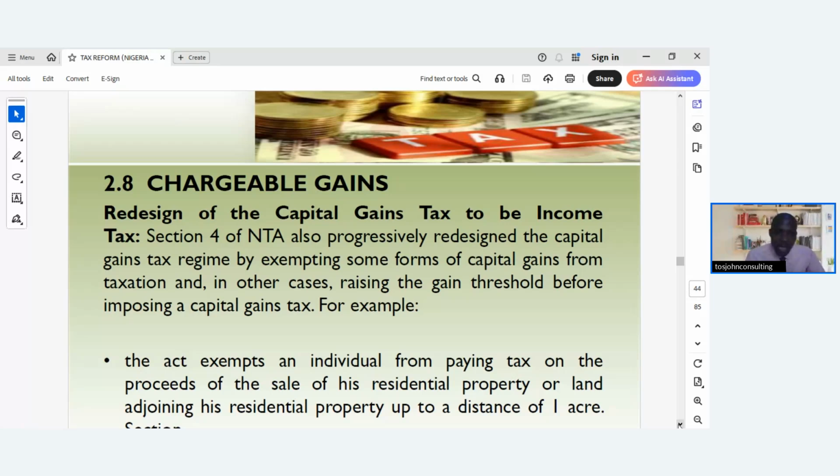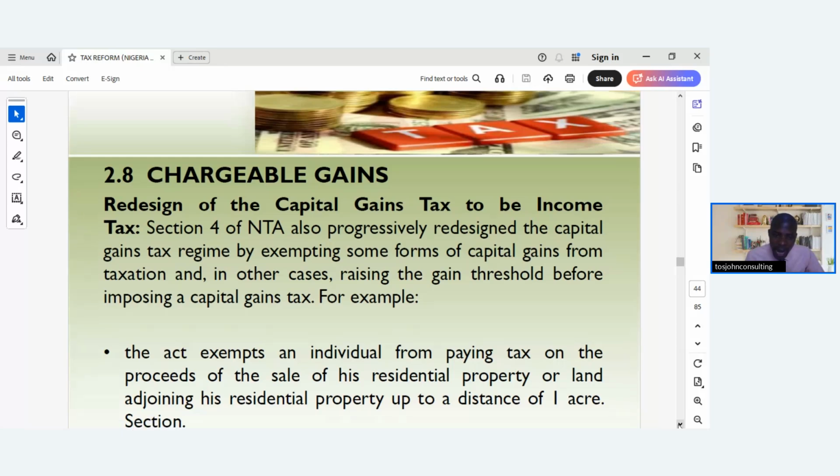Example, the Act exempts an individual from paying tax on the proceeds of the sales of his residential property or land adjoining his residential property up to a distance of 1 acre. So if you have a residential property and it's sold, you are not meant to pay tax, you are exempted.